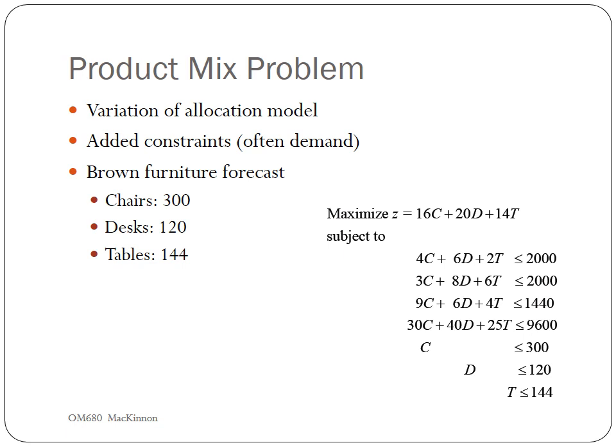Chairs less than or equal to 300, desks less than or equal to 120, and tables less than or equal to 144. This represents what we call a demand ceiling. Sometimes we have a demand floor, in which case this sign would be reversed. We'd say we want to sell at least 300 chairs, 120 desks, 144 tables. So you've got to take a look at how the problem is worded. In this case, it's a little bit ambiguous, but these represent demand ceilings, not floors. Therefore, they are less than or equal to.